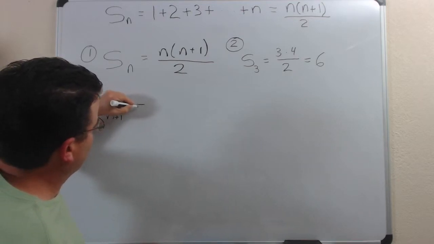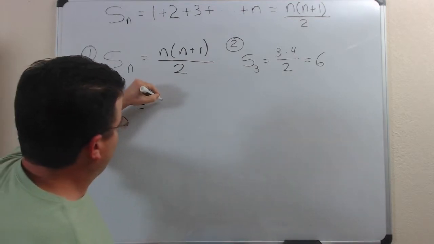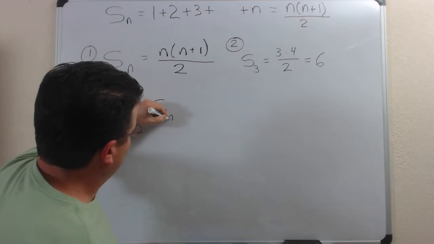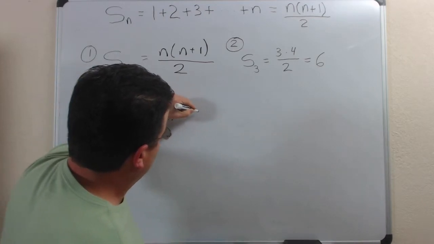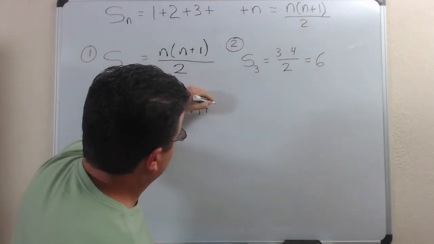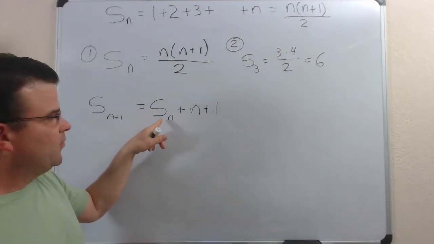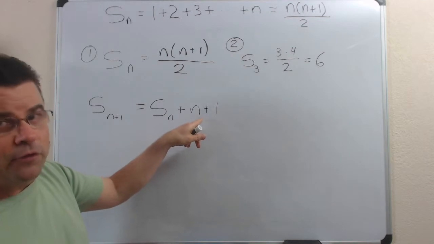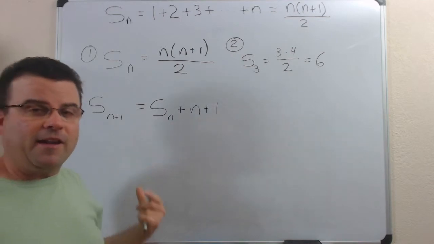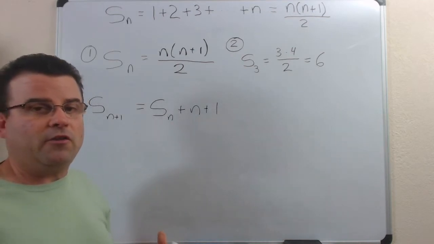So S sub n plus 1, well, that's equal to S sub n plus n plus 1. S sub n is the sum of the first n integers, and if you add n plus 1 to the sum of the first n integers, that is the sum of the first n plus 1 integers.